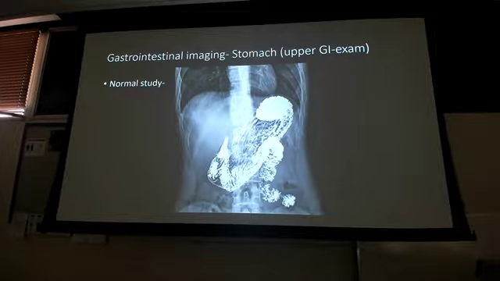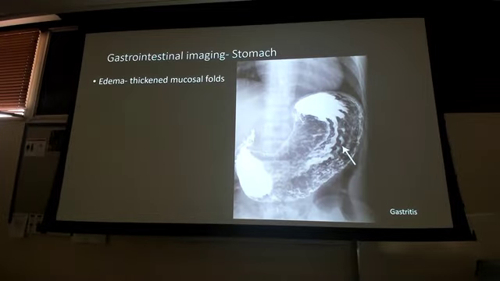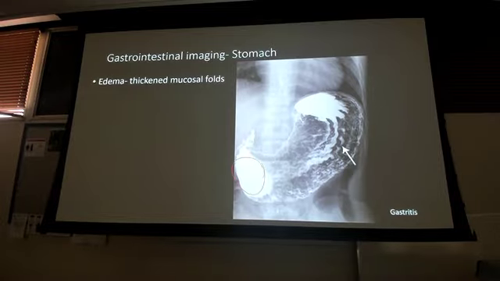So I want you to focus on the thickness of the rugae, what it looks like, how frequent they are, and where they sit. These are just the folds of the stomach, and the barium basically sits in between those folds. Then when you go into edema, you end up with thickened rugae. So again, pyloric area, fundus, normal to have pooled barium in that area. That does not concern me.